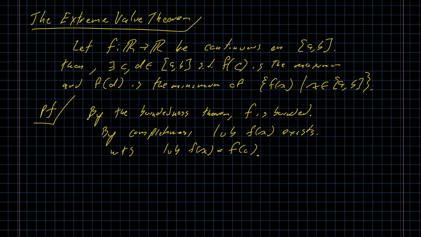And once again, we're going to proceed using some contradiction. Let's assume that f of x is always strictly less than the least upper bound and never equal.